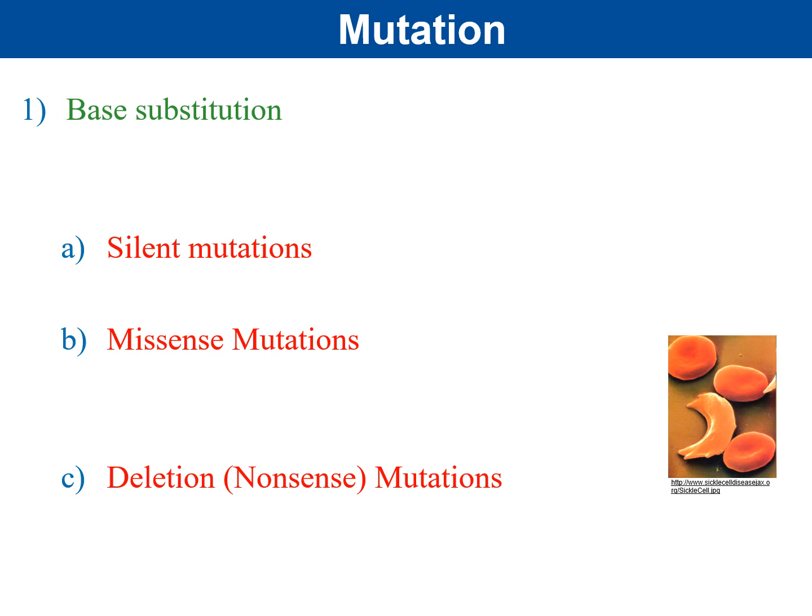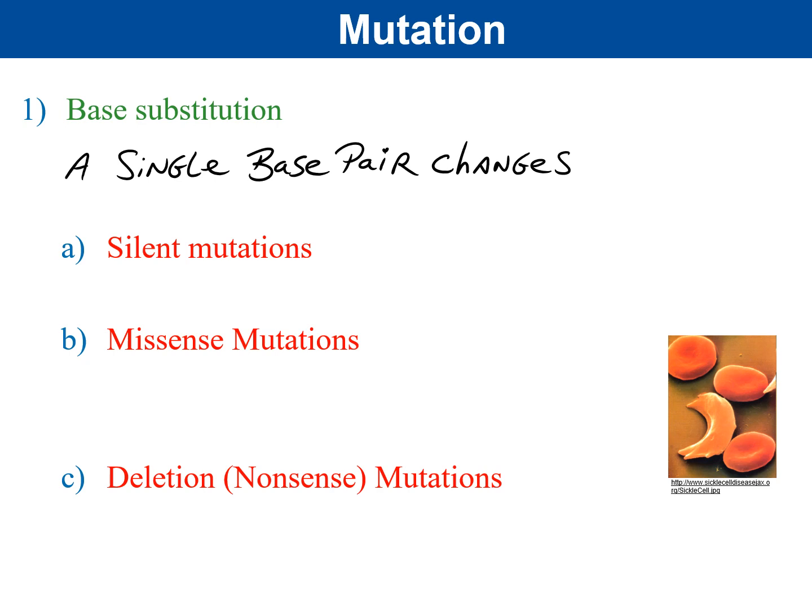Mutations can be categorized in many different ways. One such way are what are called base substitutions. This is where a mutation could result in a change of a single base pair. To illustrate, if you had a base like A for adenine, we know that A bonds with T across from it.